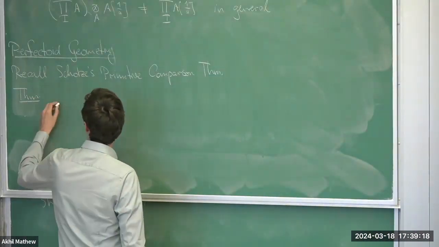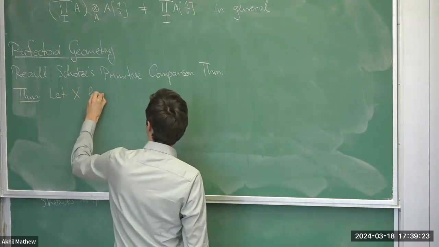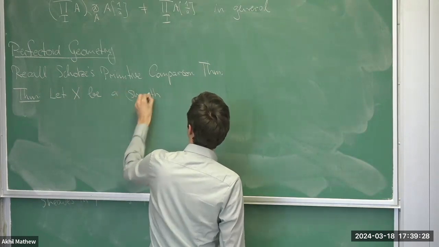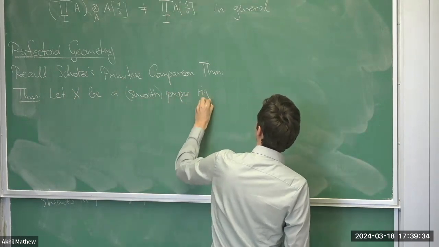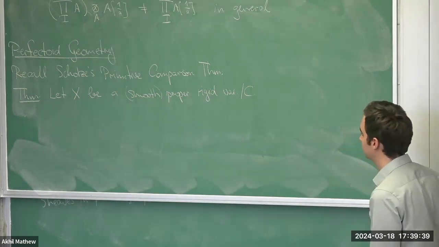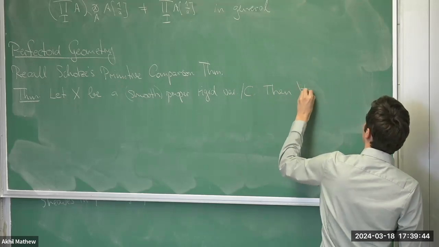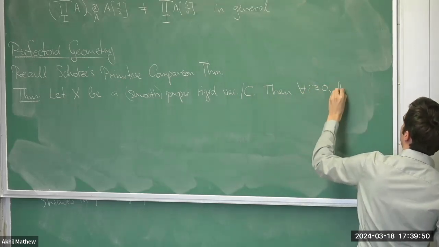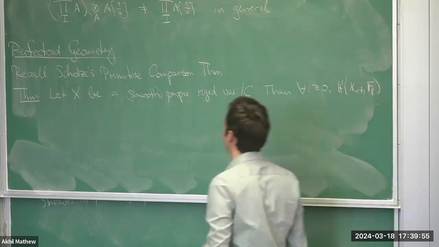So what is the primitive comparison theorem? Let X be as before, a proper smooth rigid-analytic variety over C again. Then for all i, the i-th étale cohomology with coefficients in F_p is finite.